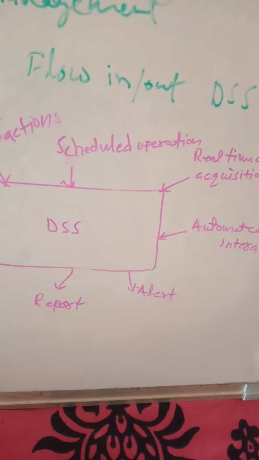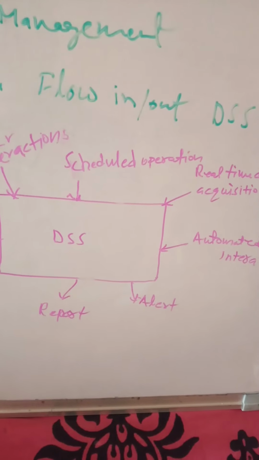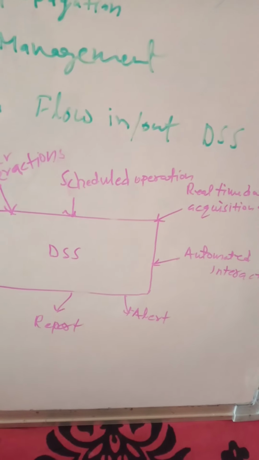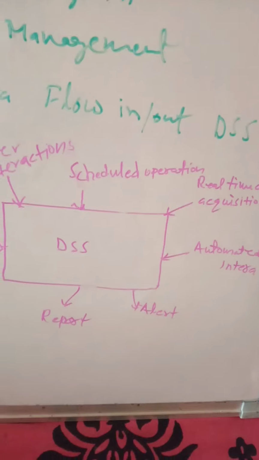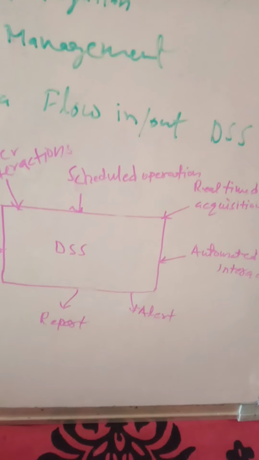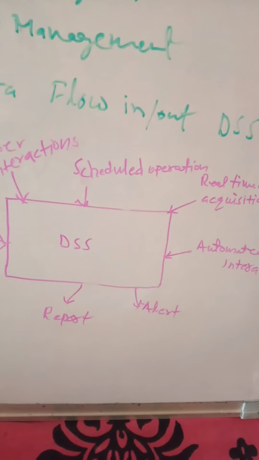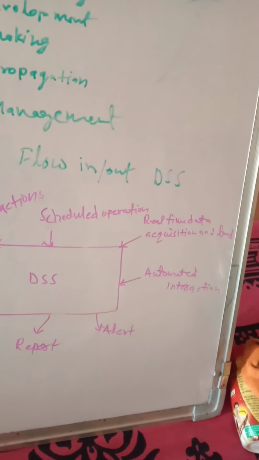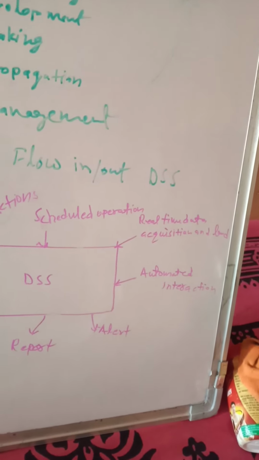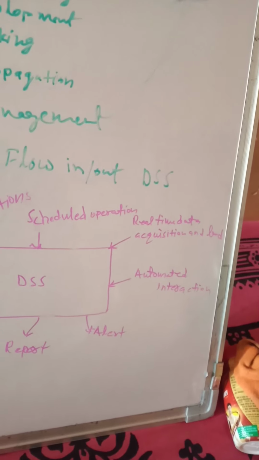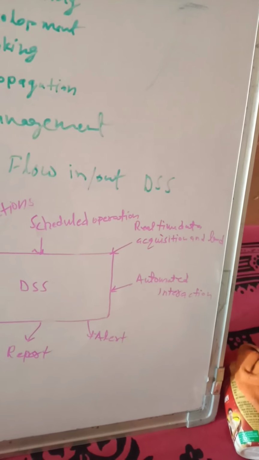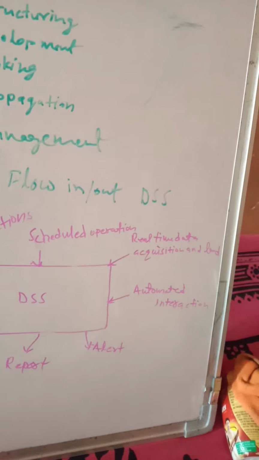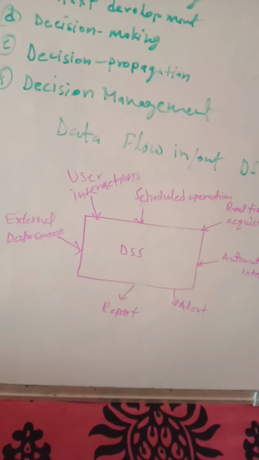Decision support tools: multi-dimensional analysis software, query tools and data mining tools. There are 3 tools. The first is multi-dimensional analysis software, also known as OLAP, online analytical processing software, that gives the user the opportunity to look at the data from a variety of different dimensions.